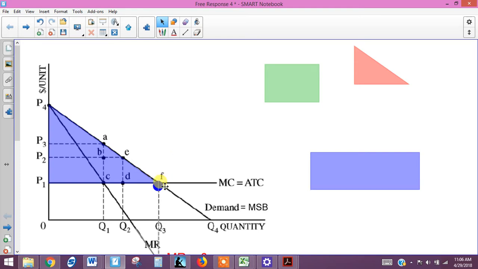So it's going to be this triangle right here, defined as P4, F, P1, or P1, P4, F, however you want to do it. Those three points are the consumer surplus at the socially optimum, socially efficient, or allocatively efficient output.